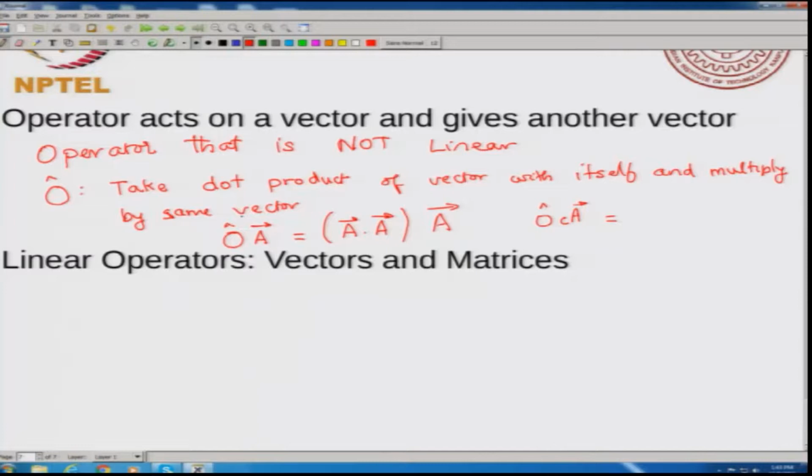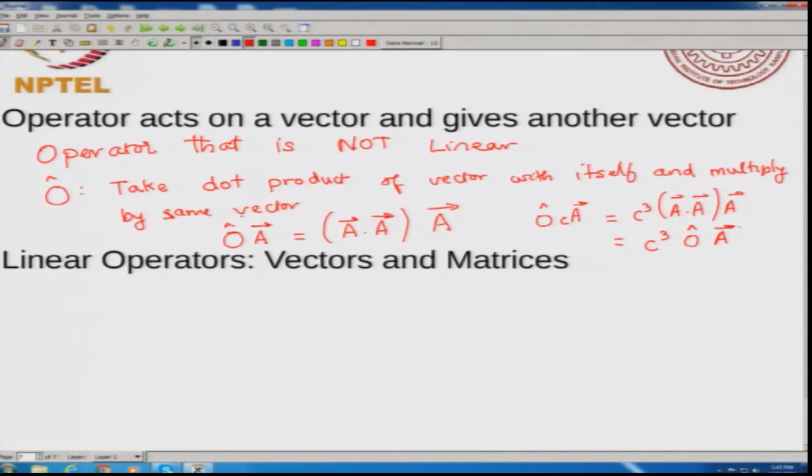So this is not equal to C times O of A, okay. This is actually C cube times O of A, right. So it is C cube times A dot A into A, okay. So this is C cube times O of A, okay. So clearly it is not C times O of A, okay. So it is not a linear operator, okay.